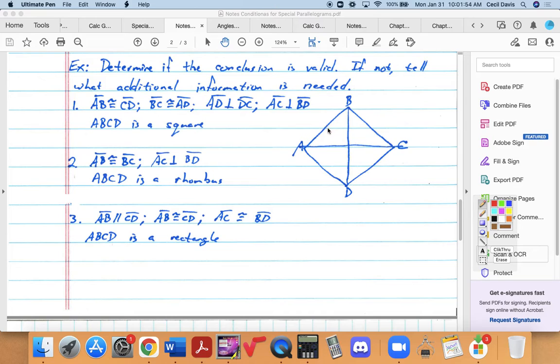I'm going to mark it. You might want to mark it lightly on yours so that you can erase it for the next one. AB is congruent to CD, and BC is congruent to AD. Before we go on any further, what do we know about this figure already?